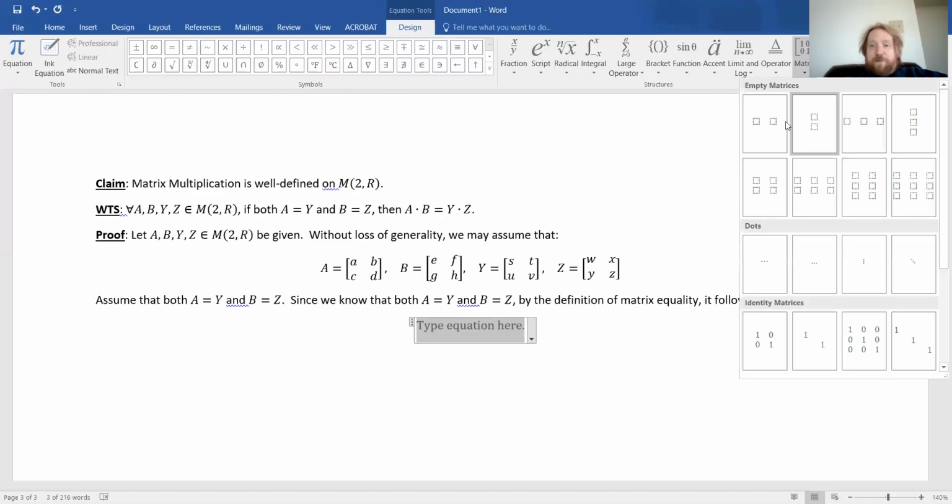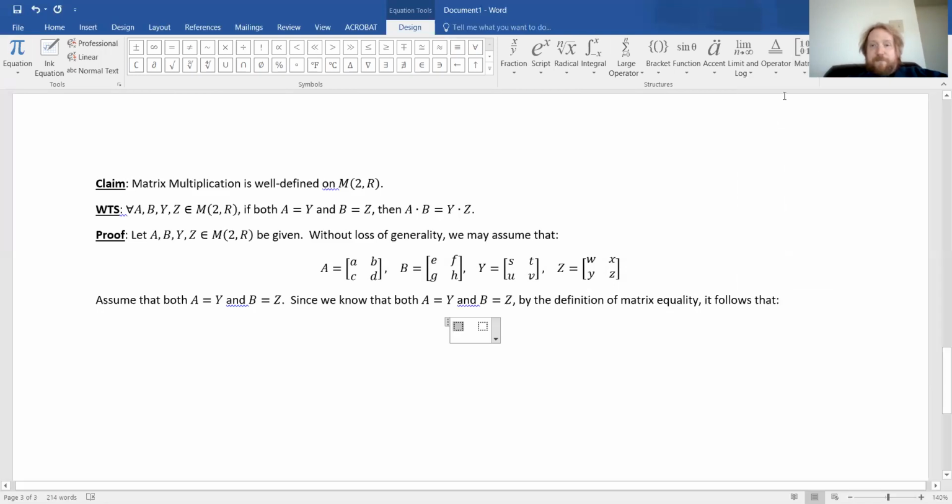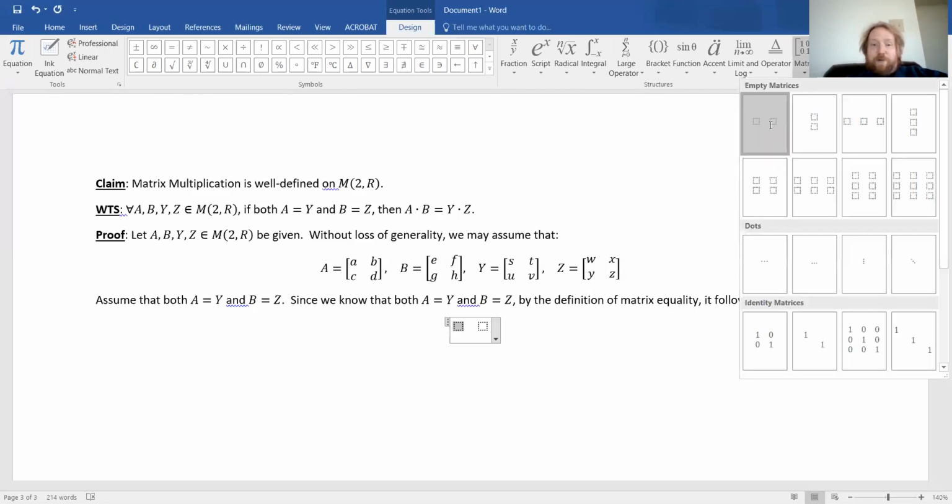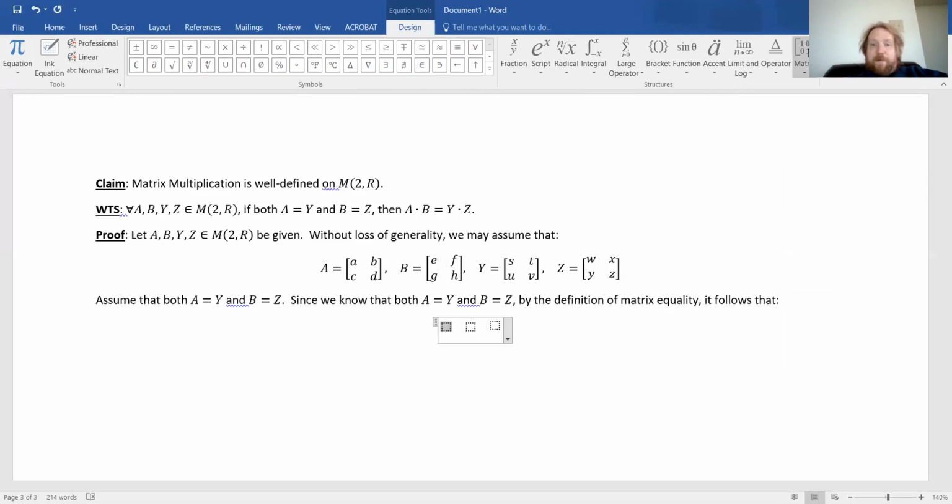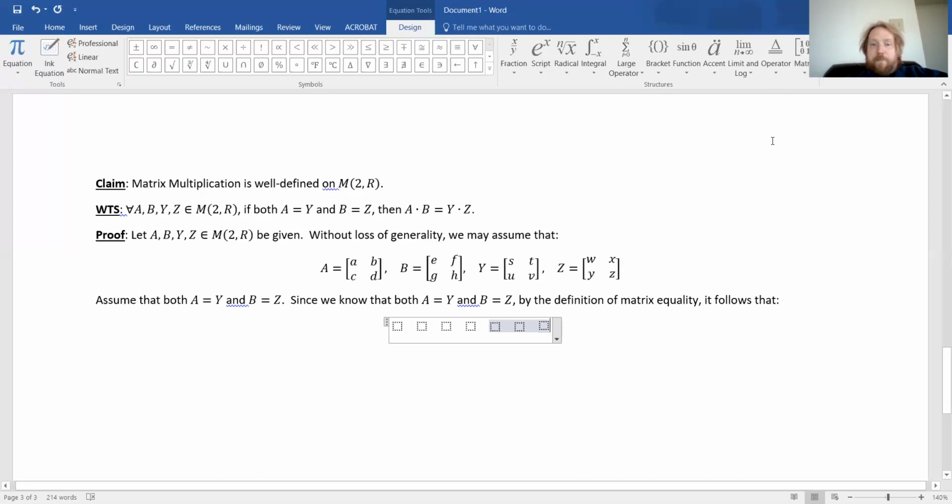There are going to be a lot of them: one, two, three, four, five, six, seven, eight.